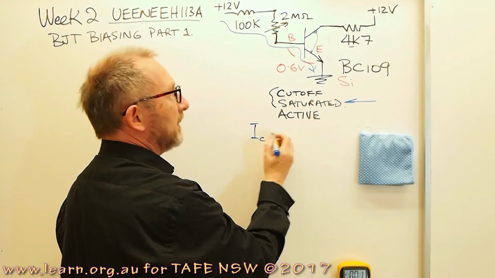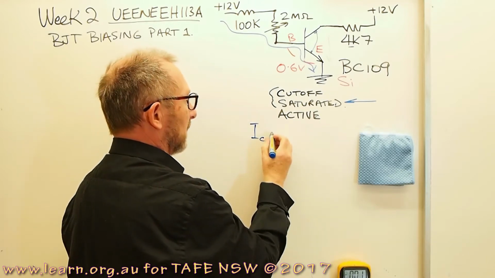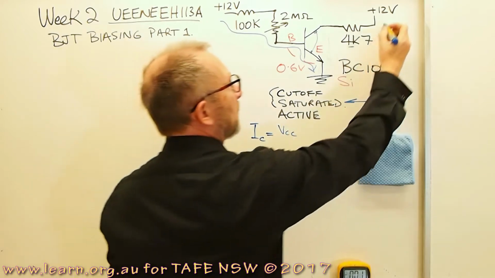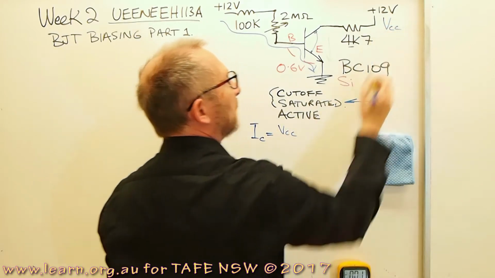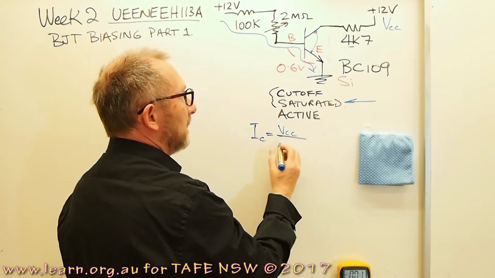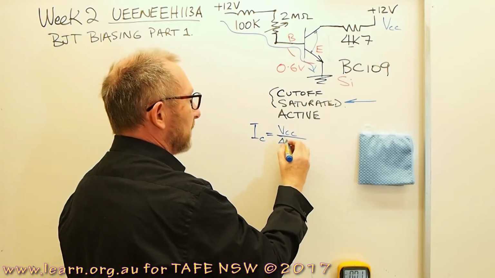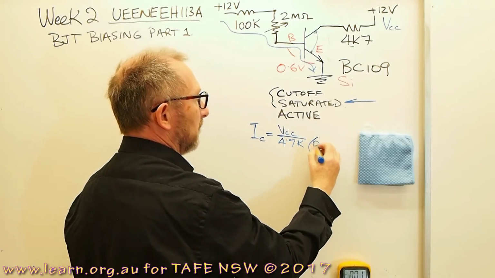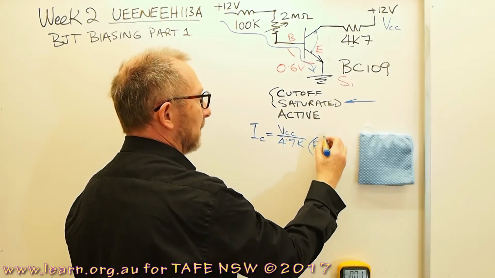So capital I, small c, the DC collector current is going to be equal to VCC, I suppose I should have labelled that, the voltage common to the collector rail there, divided by the 4.7k resistor, which is RC.